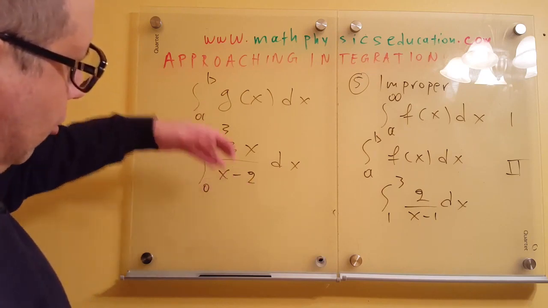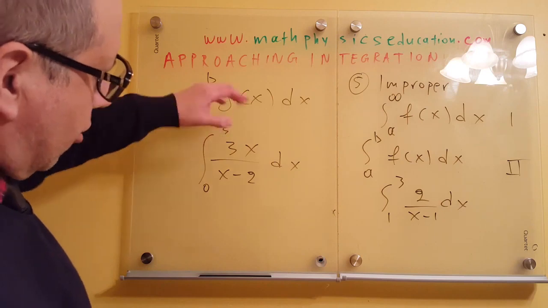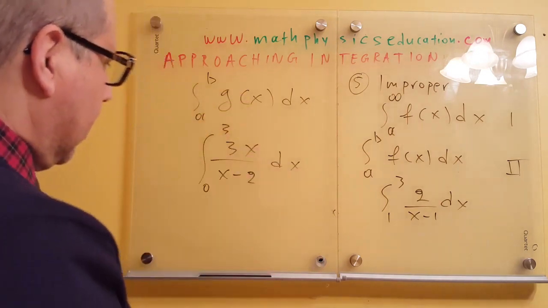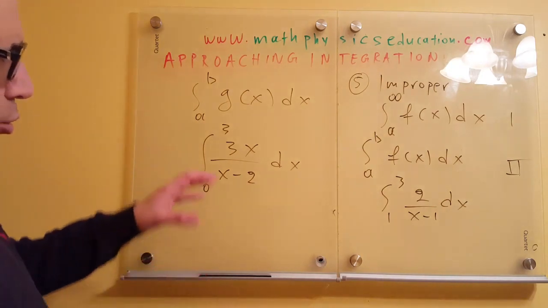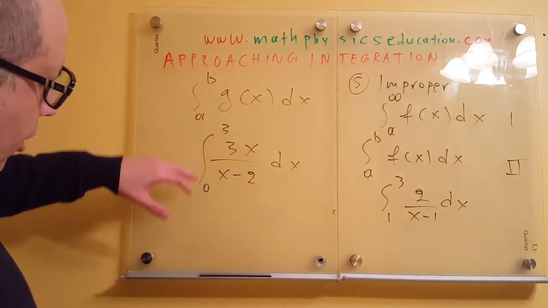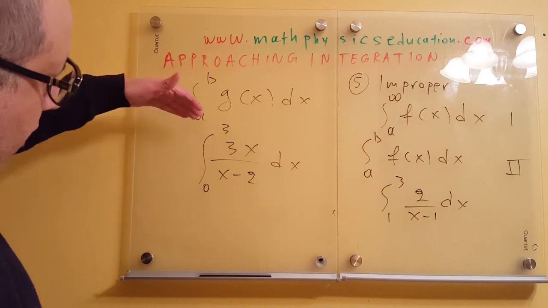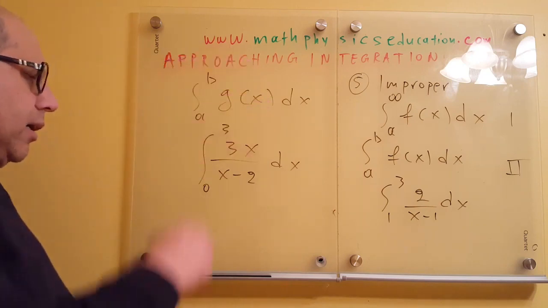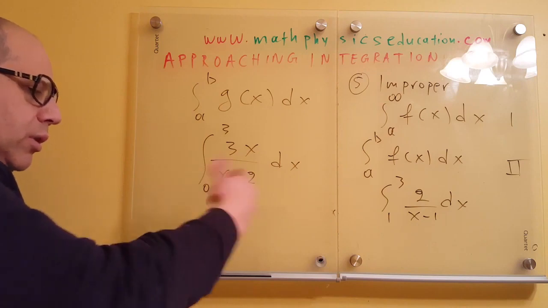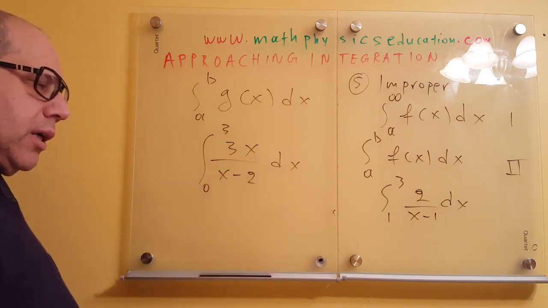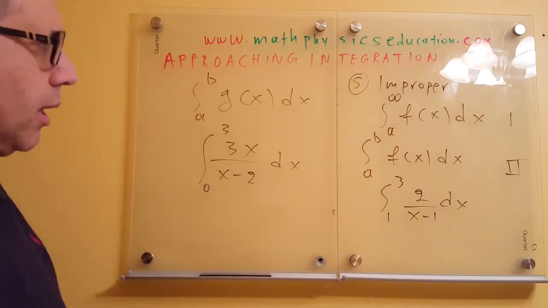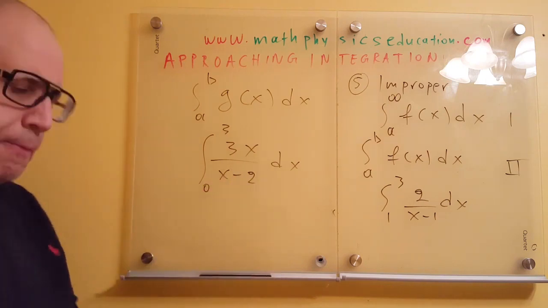So this value 2 is between 0 and 3. That means that we have to break this integral into two parts: the one from 0 to 2 and the one from 2 to 3. And again, because at 2 the function is not defined, we'll have to use improper integral.